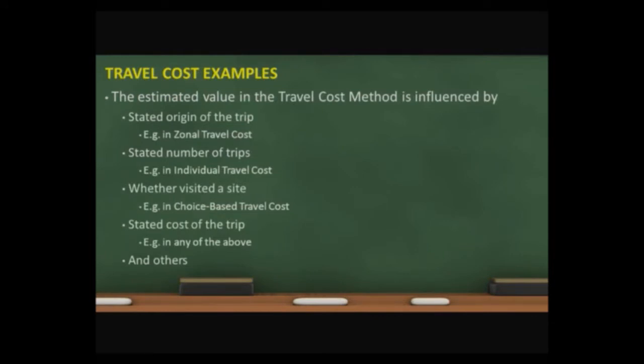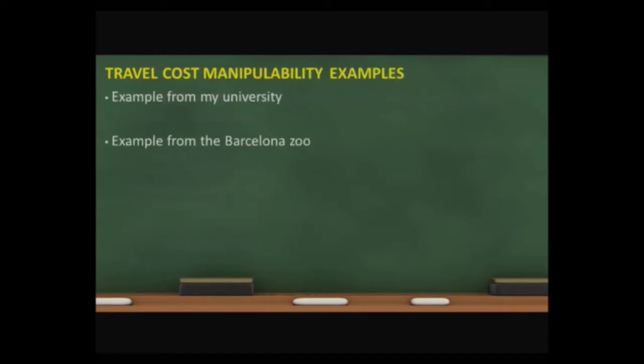Similarly in travel costs, we can influence the result, as we know, by saying that we started the trip from farther away or from closer, or that the number of trips is more or less than what we actually did, and this would influence the end result of the travel cost. And let me give you 2 examples, one very quick and one I'll give you some more detail.